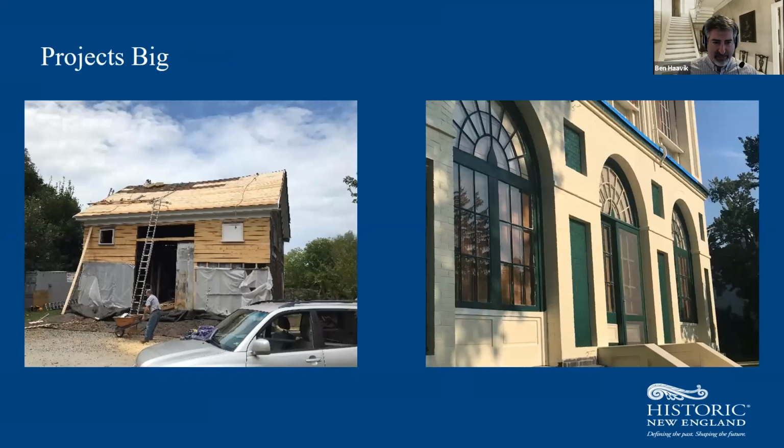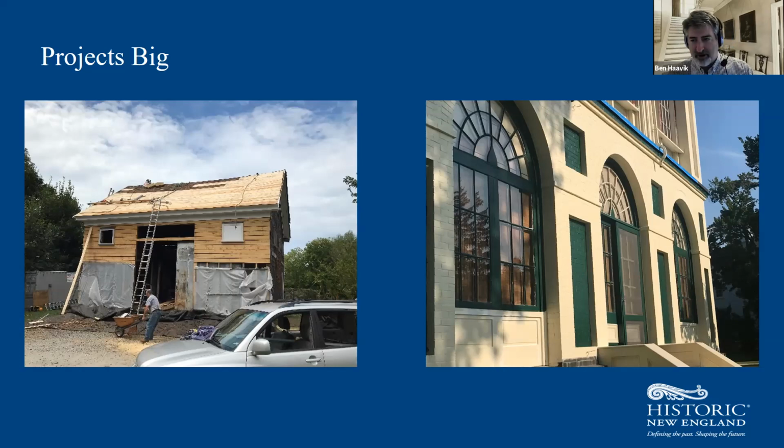We do big projects like barn restorations and painting buildings, but also changing the paint scheme. In this case, you see the green trim on the picture on the right. This is Castle Tucker up in Wiscasset, Maine. We did paint analysis and determined that the appropriate paint color was not the red that had been painting the house for many years, but in fact should have been a nice green like the one you're seeing here.